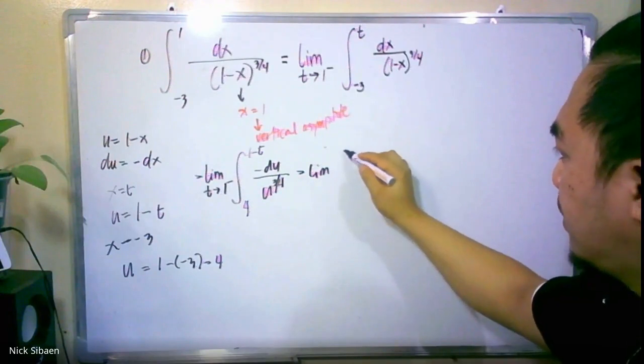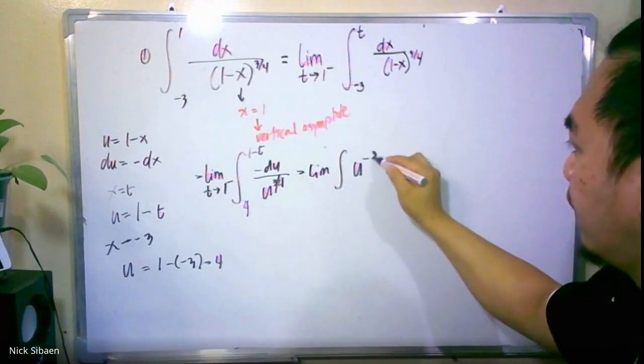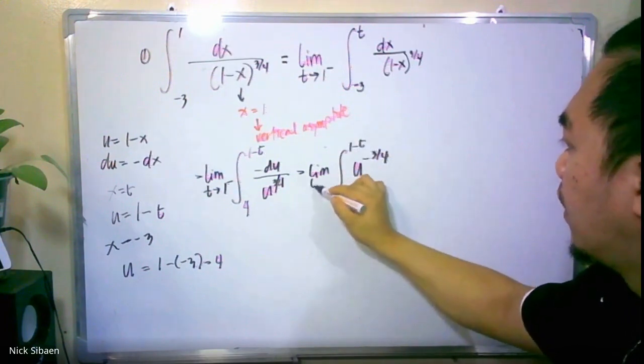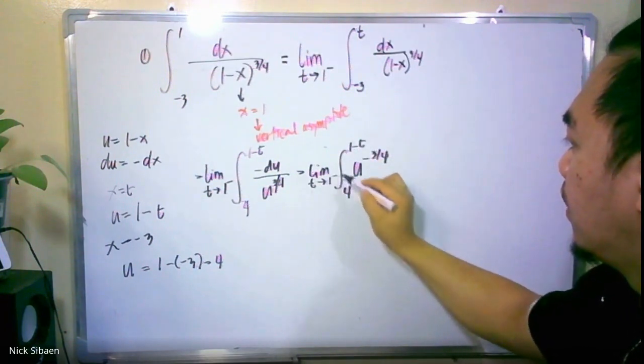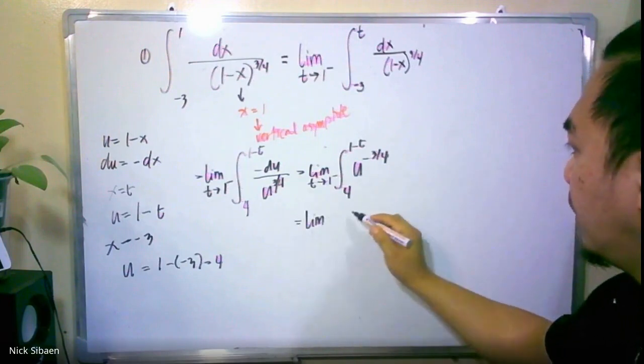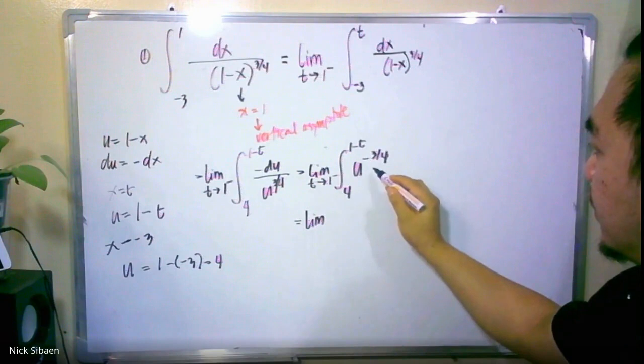So this is just the same as u raised to -3/4. And then, power rule na tayo. Limit of u raised to -3/4 plus 1.